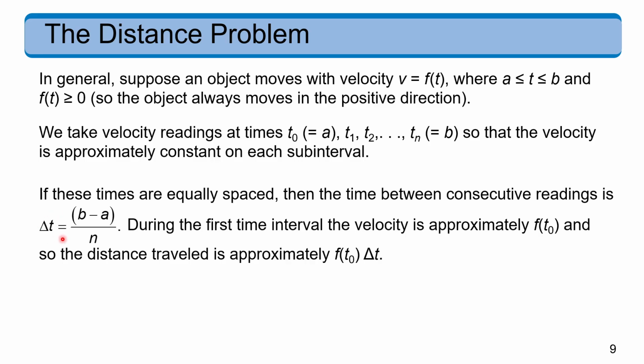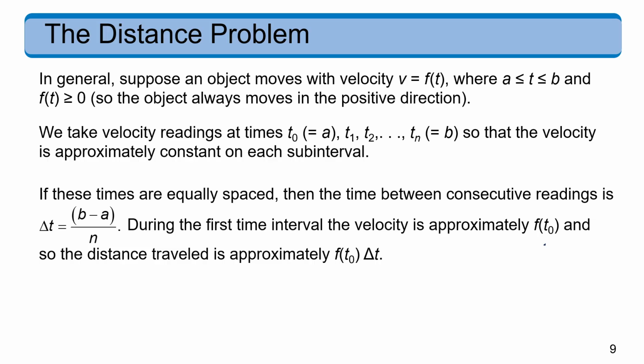So just like we did before, for the first time interval, we assume the velocity stays constant, and we use the beginning velocity as our constant. So since the beginning time interval is at time t0, the velocity at time t0 is found by taking t0 and plugging it into the velocity function f of t.